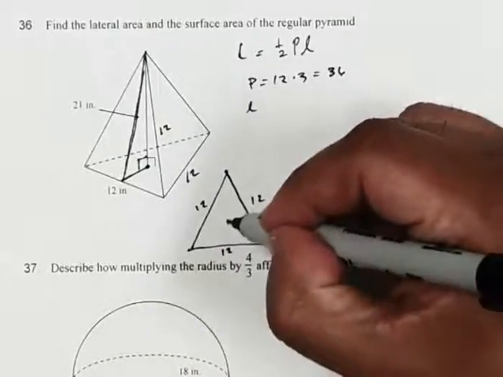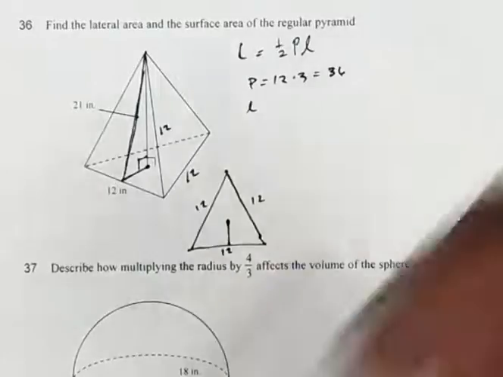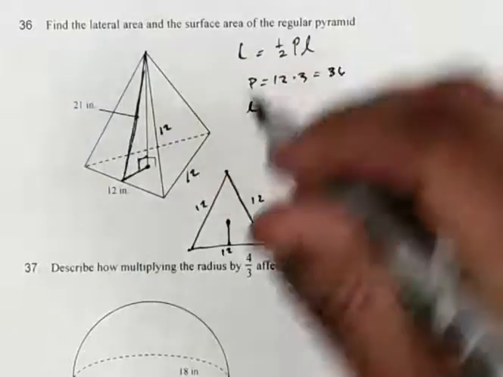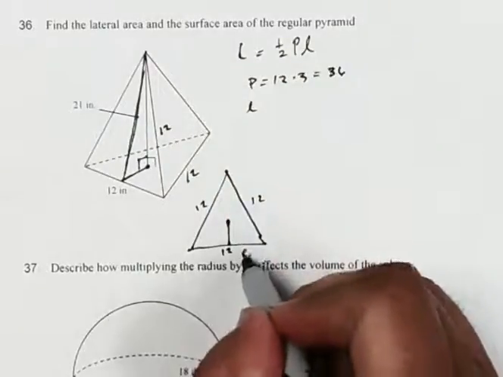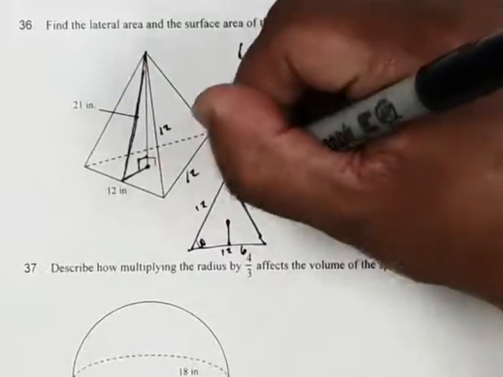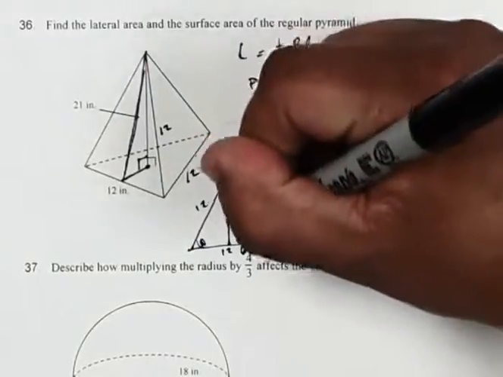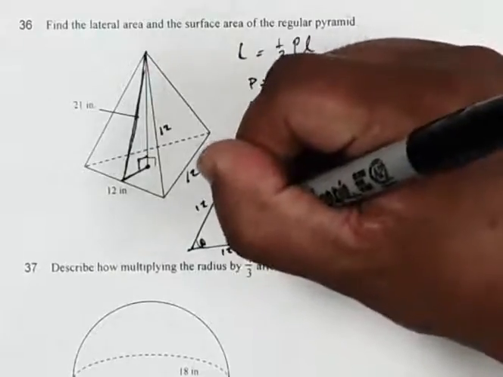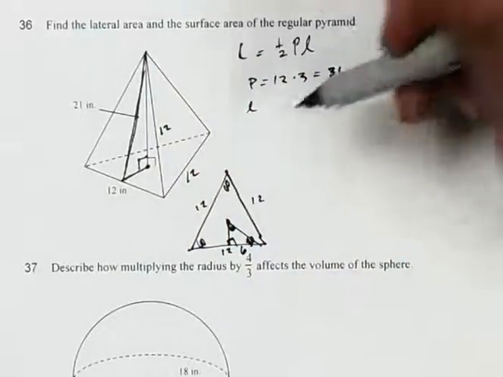Then I want the apothem. The apothem goes from the center down to the side. Okay, that's going to cut this in half, and so I have a 6 right here. Now, since all of these angles are 60 degrees, when I draw the radius, that's going to cut this down to 30. So I have a 30, 60, 90 triangle inside here.